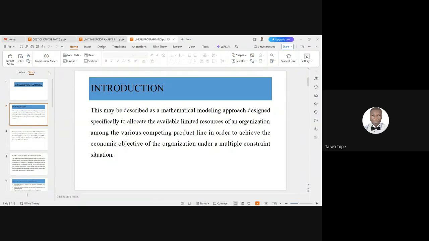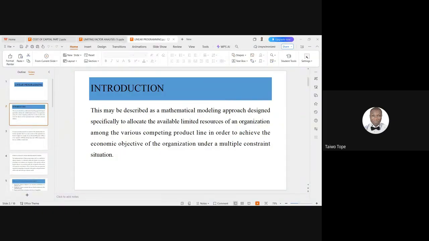So based on what I have in my slide, I said limiting factor, linear programming may be described as a mathematical modeling approach designed specifically to allocate the available limited resources of an organization among the various competing product lines in order to achieve the economic objective of the organization under a multiple constraint situation. So that is a limiting factor.